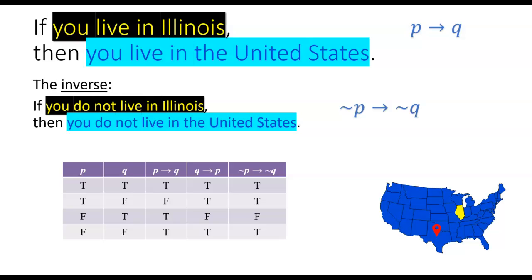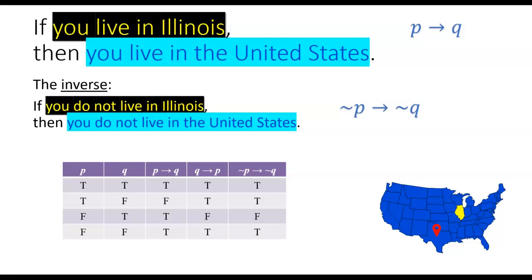And that would be what we call the inverse of the original statement. So the inverse of a statement is where you have the negation of the antecedent implying the negation of the consequent.